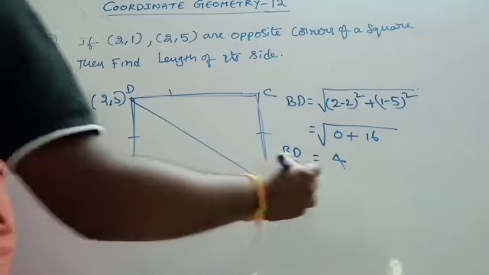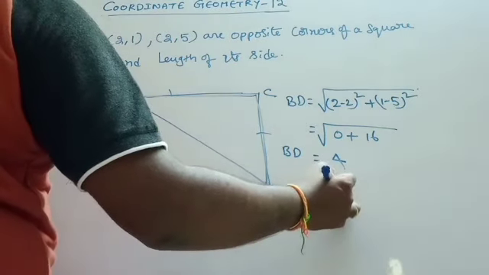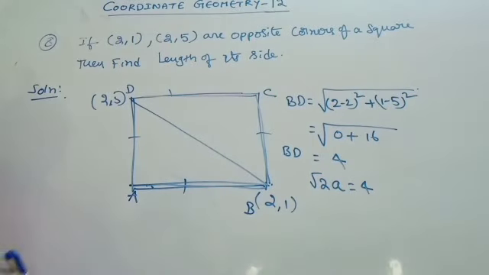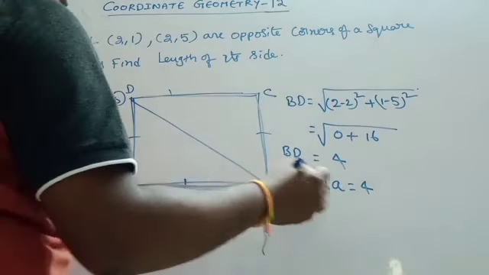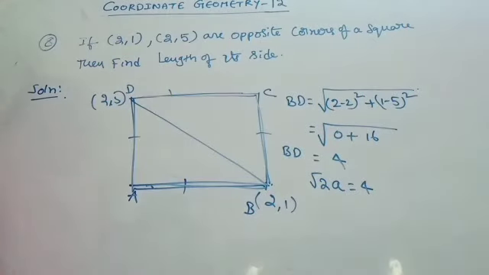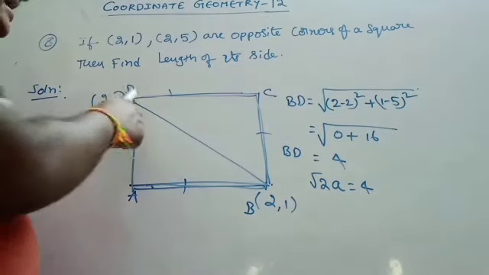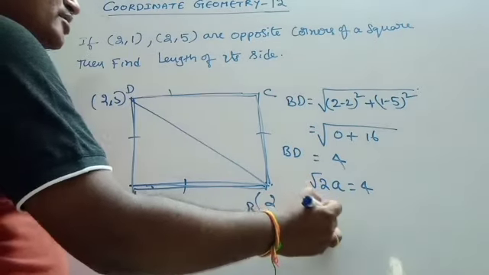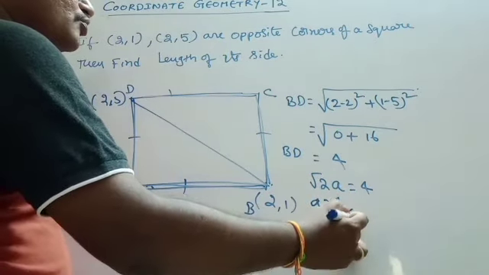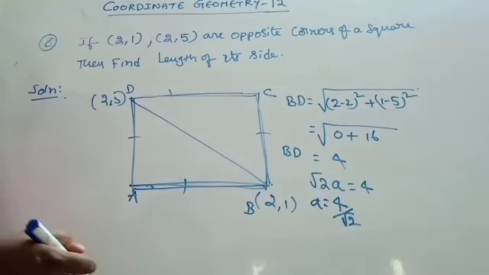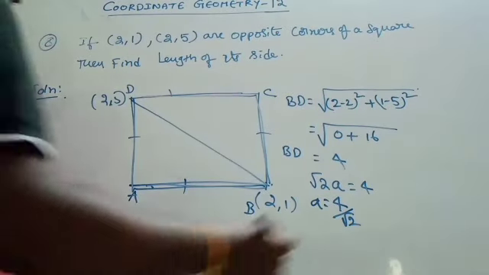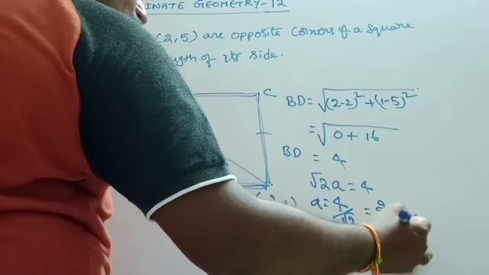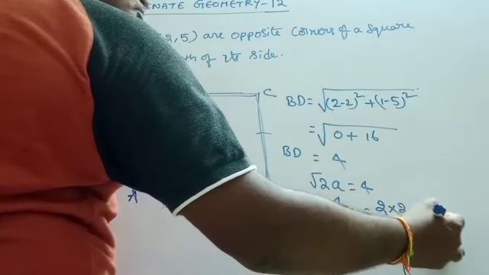That means root 2 times A equals 4, where A is the length of the side. You know the diagonal length is root 2 A, the formula for the diagonal of a square. Therefore, A equals 4 by root 2, which is the length of the side. You can write this as 2 by 2 by root 2, which means 2 root 2.